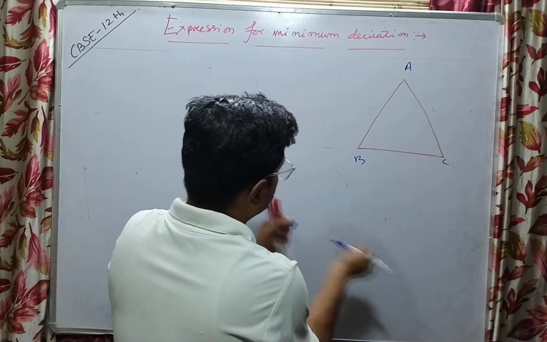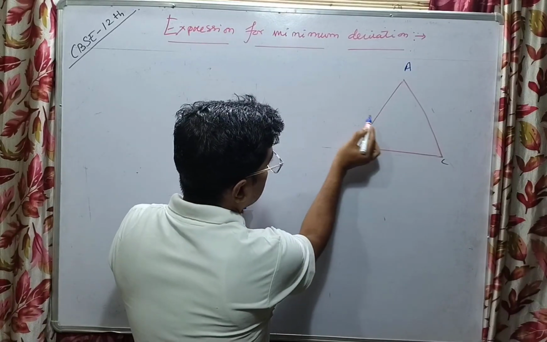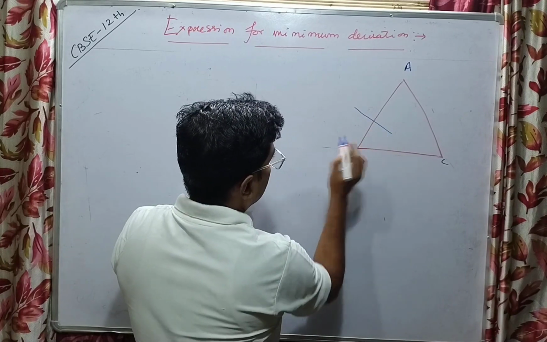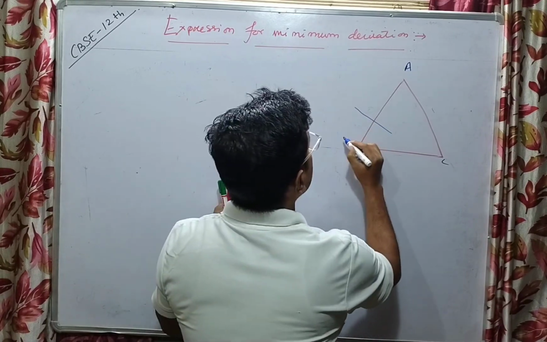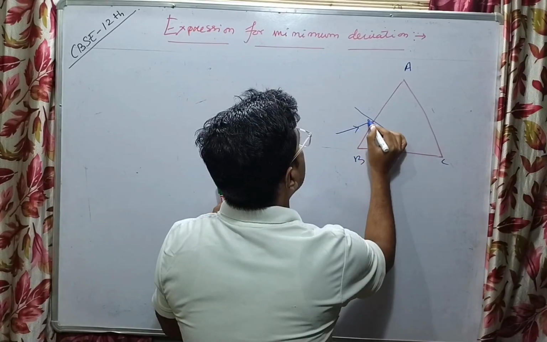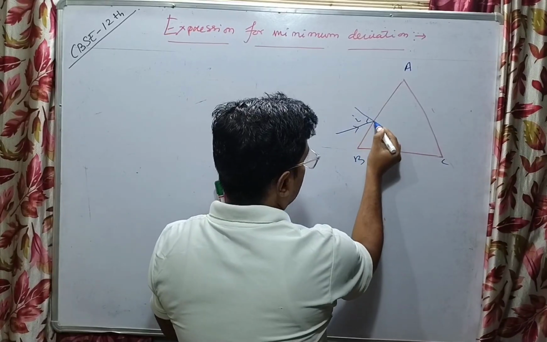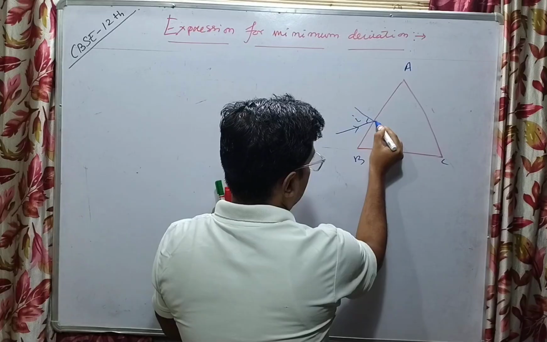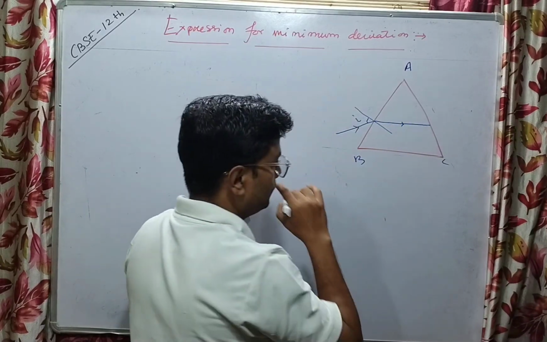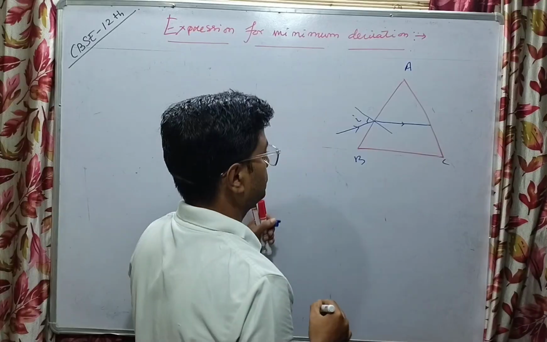Now students, here is the normal, and this is the incident ray, and this is the angle of incidence. Now this ray becomes parallel to the base of the prism.